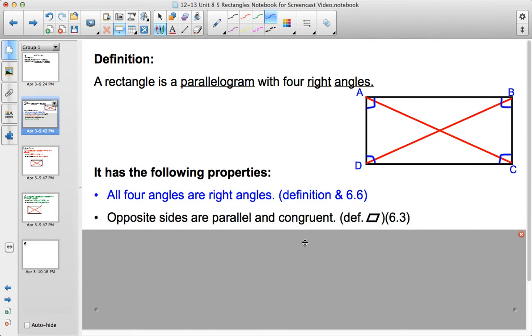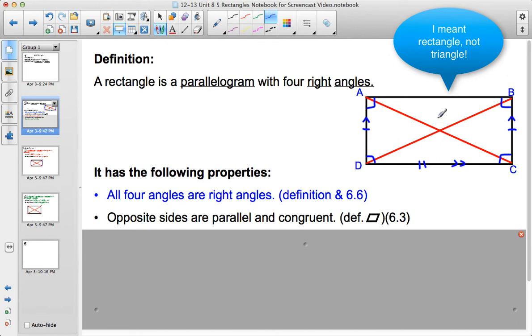Next, the opposite sides are parallel and congruent, and that comes from the definition of a parallelogram as well as theorem 6.3 on parallelograms. So the opposite sides must be parallel and congruent, and so we're going to mark that on our figure here, that they're both parallel and congruent to each other.